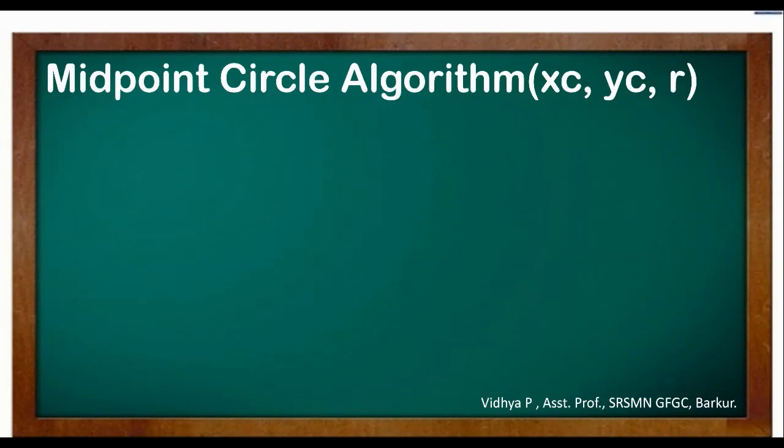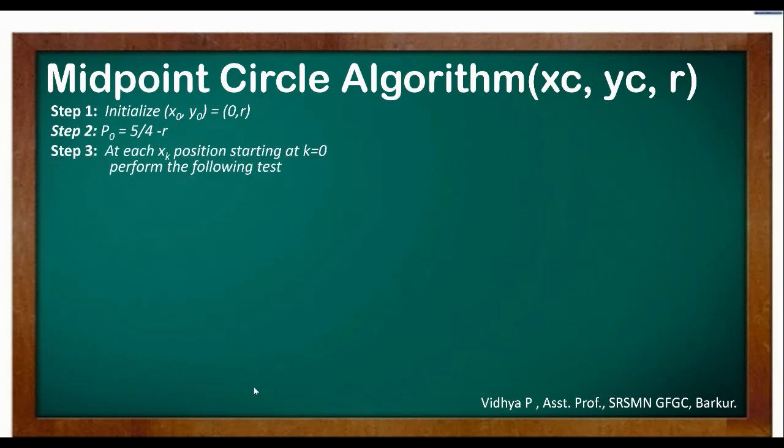Now we will see the midpoint circle algorithm with center xc, yc and radius r. First, we initialize the initial value of x0, y0 to 0, r. Then we initialize the decision parameter p0 as 5 by 4 minus r. At each position xk, starting from k equal to 0, we perform this test.